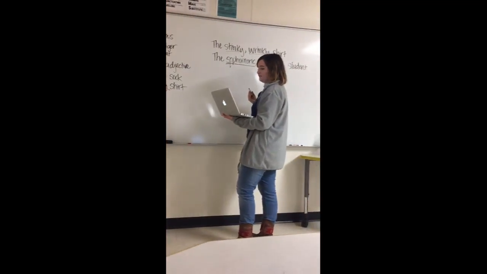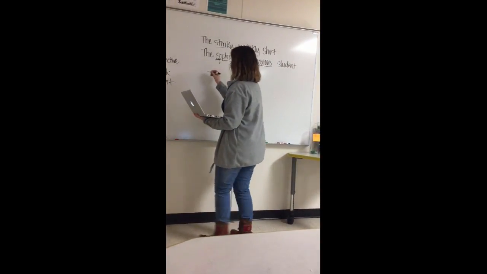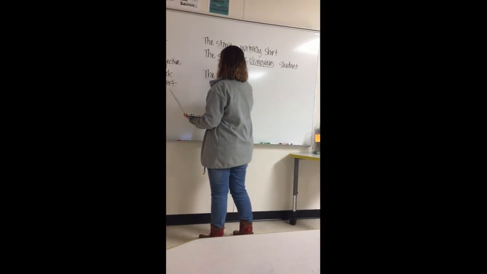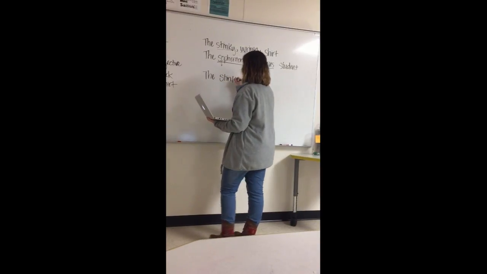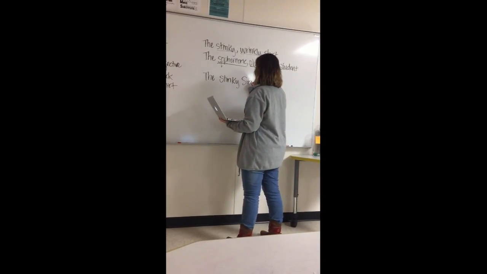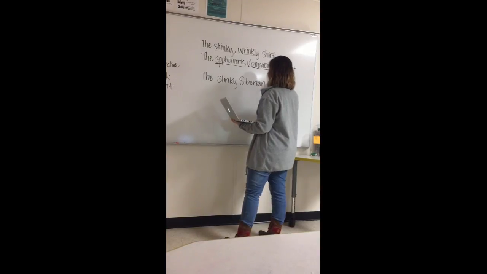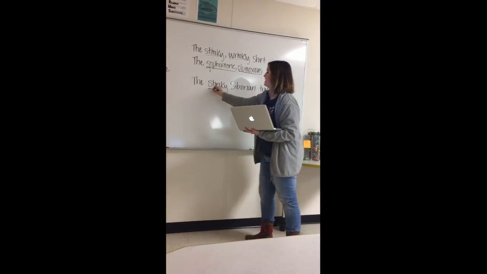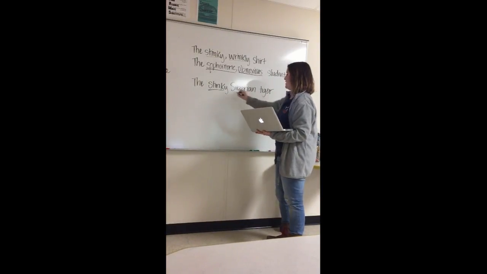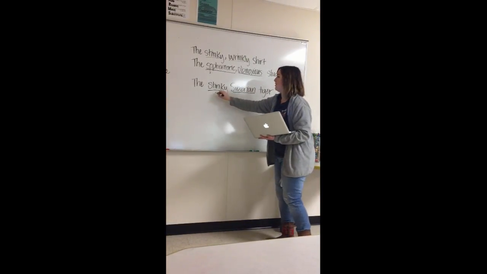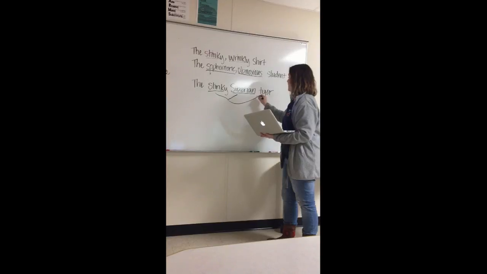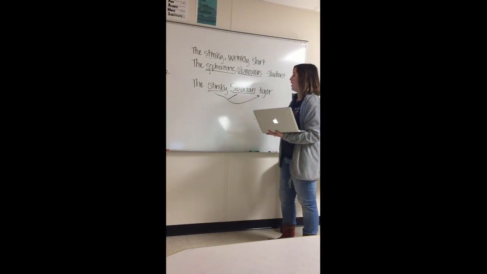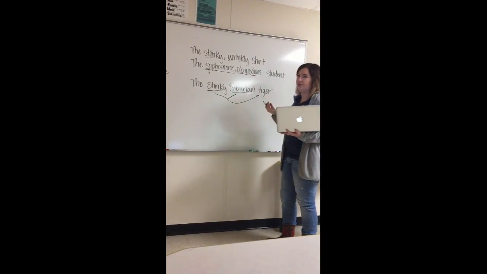So for example, the stinky Siberian tiger. What kind of tiger was it? A stinky tiger. What kind of tiger was it? A Siberian tiger. Both of these things described tiger, but you don't need a comma because you just don't need one.